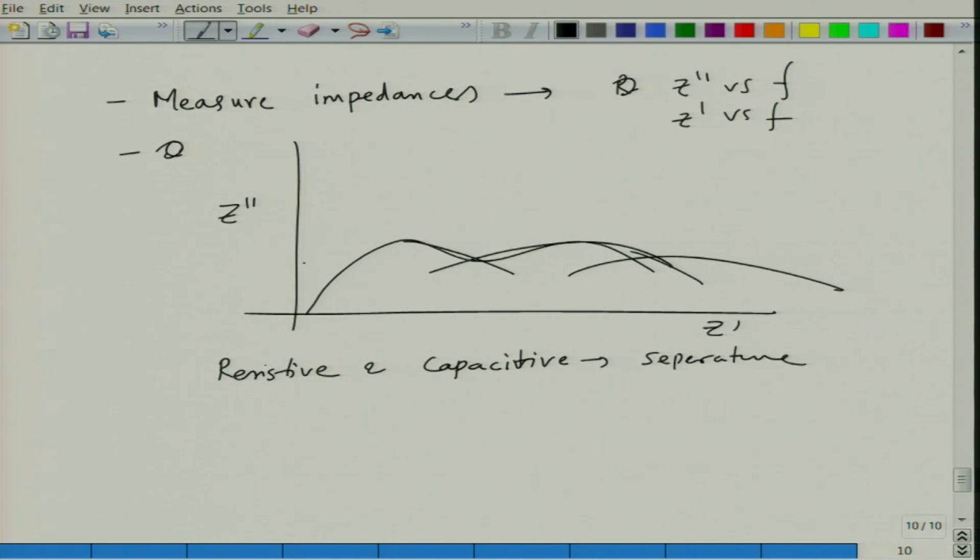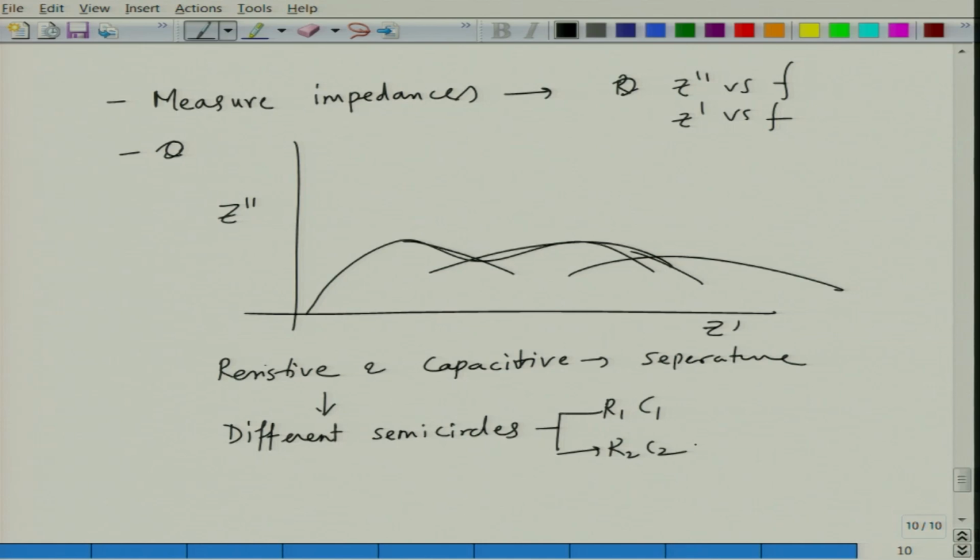From these different semicircles you find out the different components. So if you have, let us say, two semicircles, you will have R1 C1 for one and R2 C2 for the other, and so on.